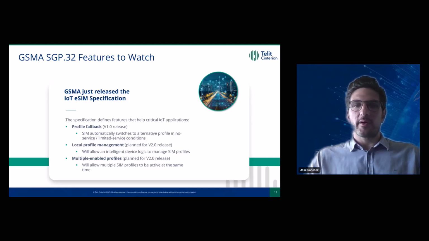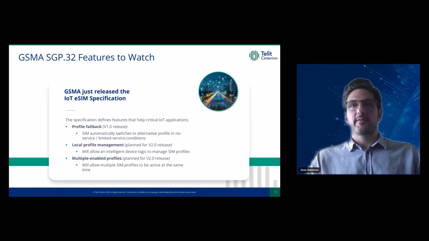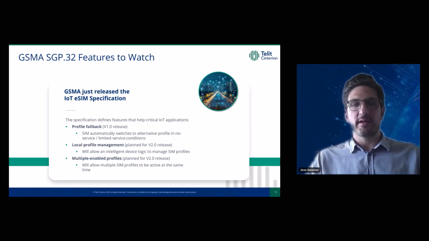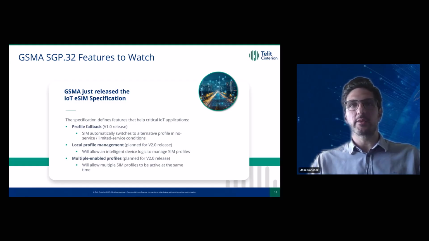So one of the key aspects of this new eSIM technology is that there is a standard, it's interoperable, and this standard has been designed with applications in mind that are not just IoT, but they have specific characteristics, right?